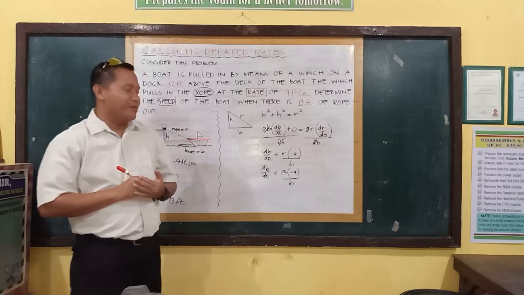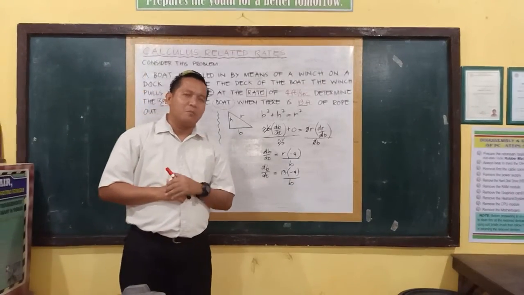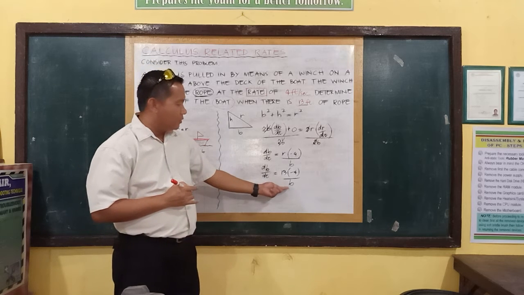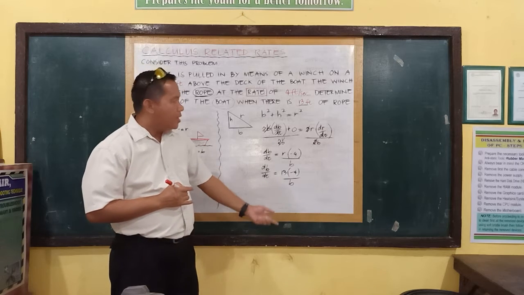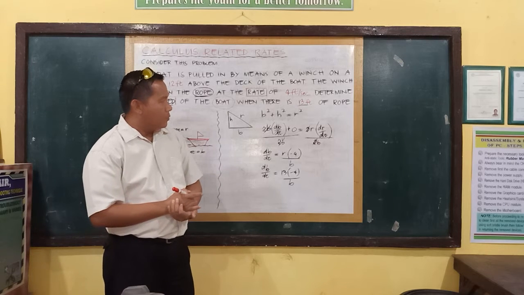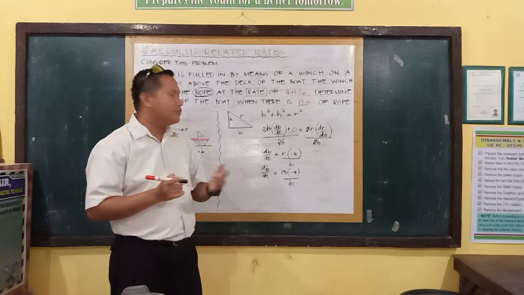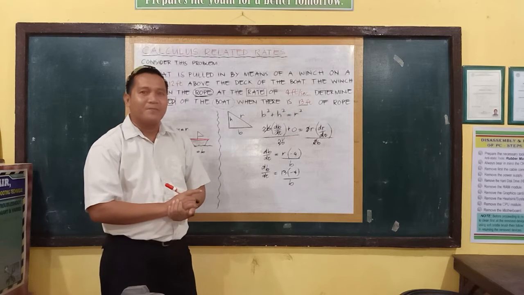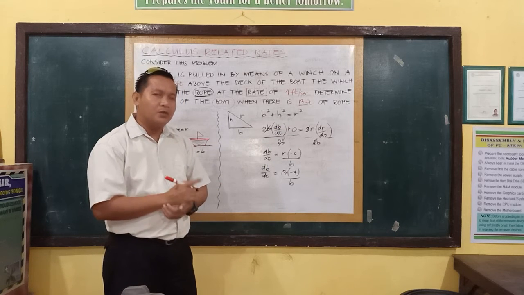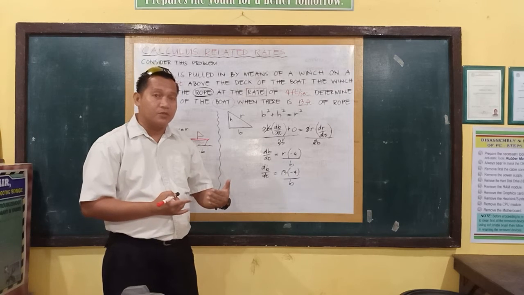No, we are not yet done. We still miss a missing piece of the puzzle here, which is B. Meaning, going back to our Pythagorean theorem, we are going to find the value of B for us to proceed to the process.